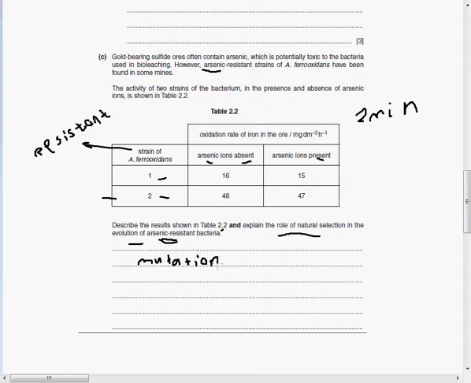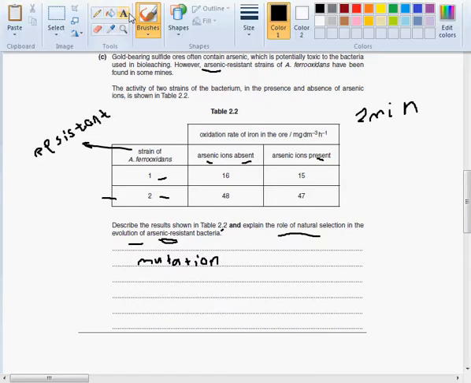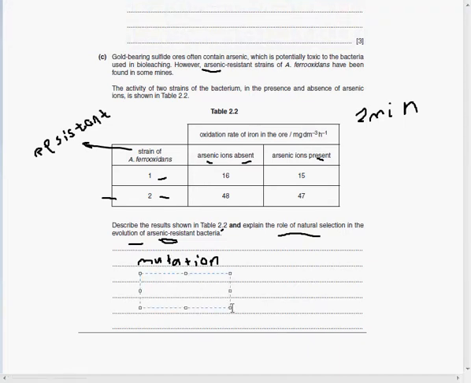I guess I'm writing very slowly. Let me just use the text over there. So first mutation occurred, so different alleles.